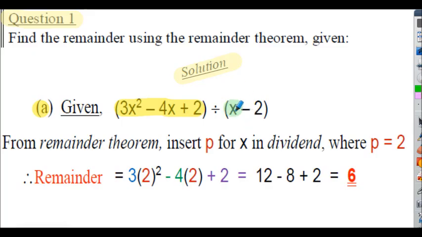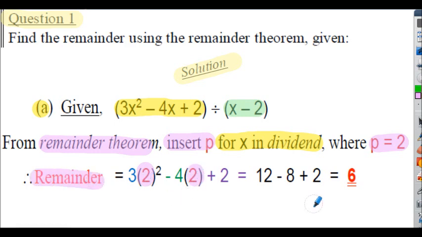The divisor is x minus 2, and from remainder theorem, we now insert the value of p for x in the dividend. As the divisor is x minus 2, the value of p will be positive 2. So simply inserting 2 into the dividend becomes 3 times 2 squared minus 4 times 2 plus 2. Evaluating, the remainder is 6.